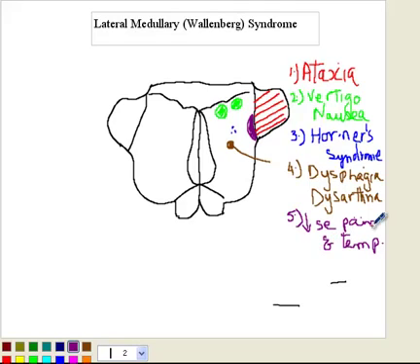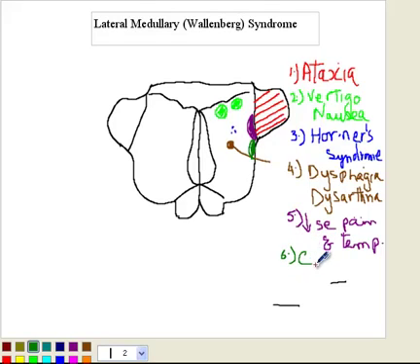And number 6, let's choose a different color here. So we'll choose a dark green color. You also have involvement of the spinothalamic tract. And this is the one thing that is contralateral.